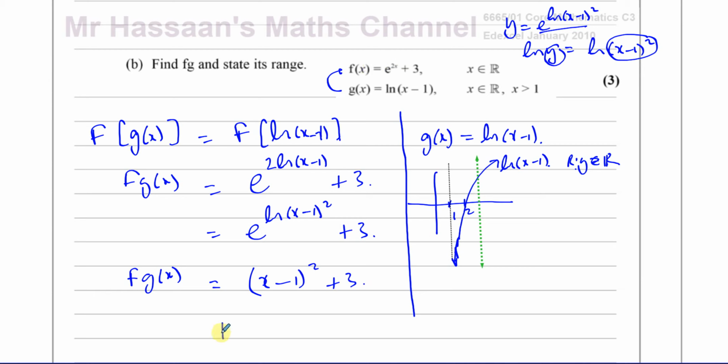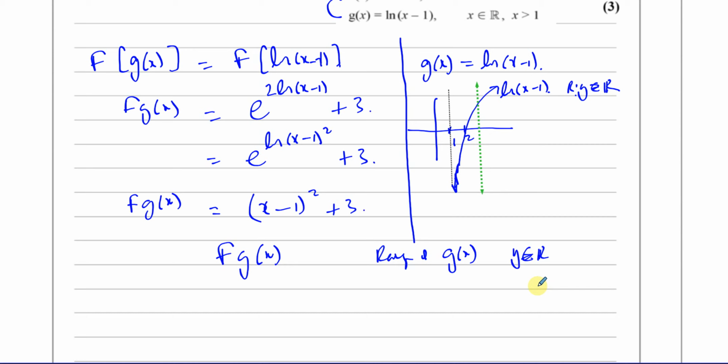So for fg of x, the range of g of x is y is an element of all real numbers. Therefore, the domain of f, when you have this composite function, is x is all real numbers.